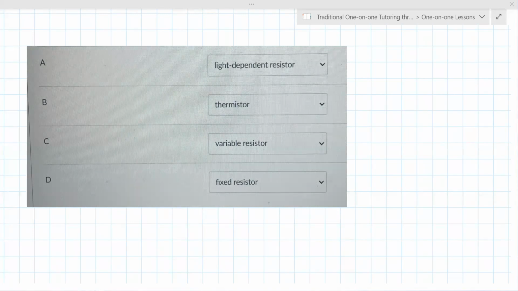Huh. The thermistor actually isn't as similar as I thought it would be. The thermistor, that's this one here.